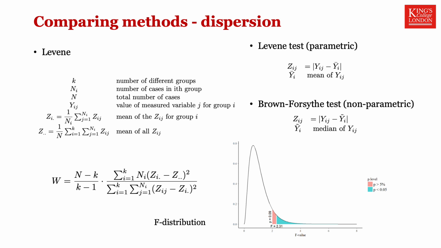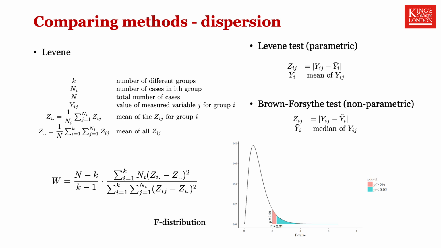And we then calculate different z statistics, using either the mean for a specific group or the mean over all of them. The difference between the parametric test and the non-parametric test is that z in the parametric test is defined as y_ij minus the mean of the y's in group i, while in the Brown-Forsythe test it's the difference with the median.